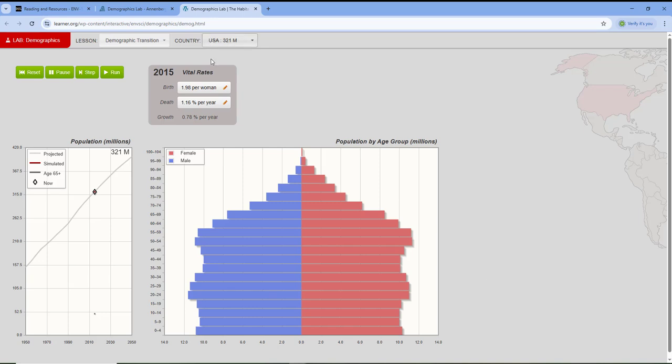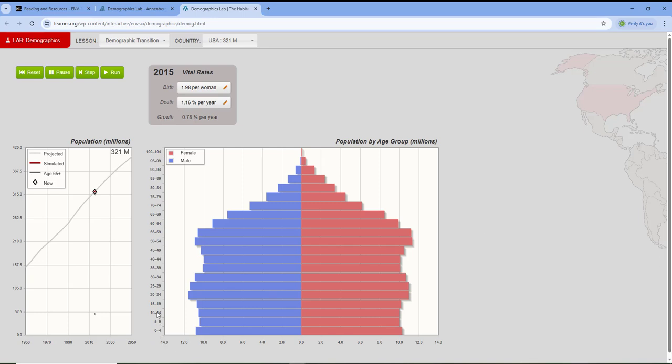This is of the United States, and we can see that this is the United States in the year 2015. The right side is the population of females and the left side is the population of males. The entire population of 321 million people has been divided into what we call age cohorts.